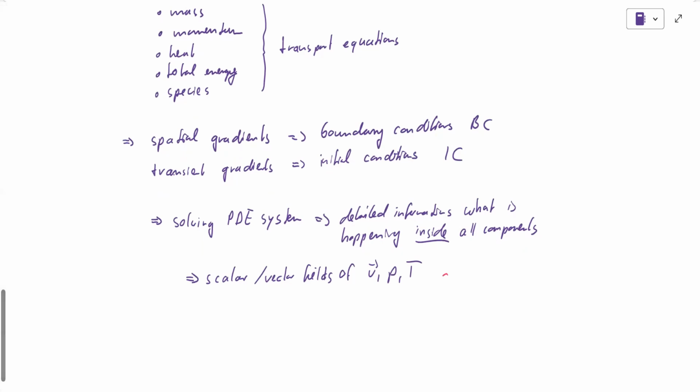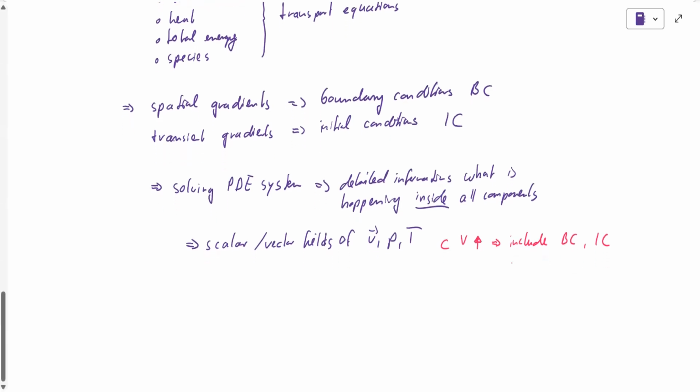That means that here in my control volume, again, if I make my control volume greater and expand it and include the boundary conditions and the initial conditions, then I will go to the integral balance.